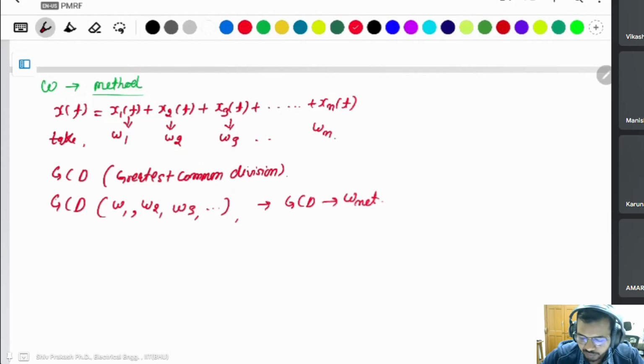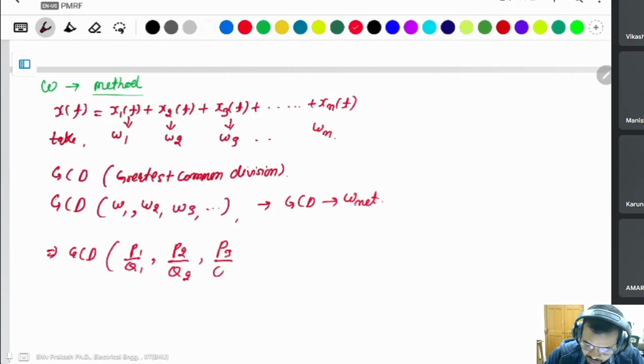But there is a problem. These are in P by Q form, rational number form. Like P1 by Q1, P2 by Q2, P3 by Q3, like that, up to Pn by Qn in this form.